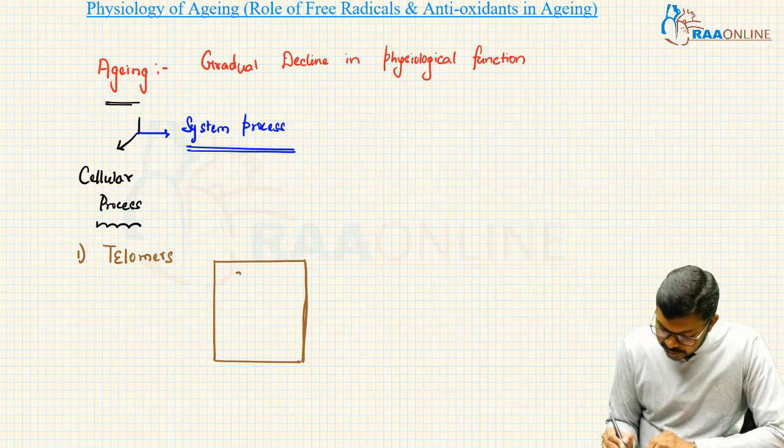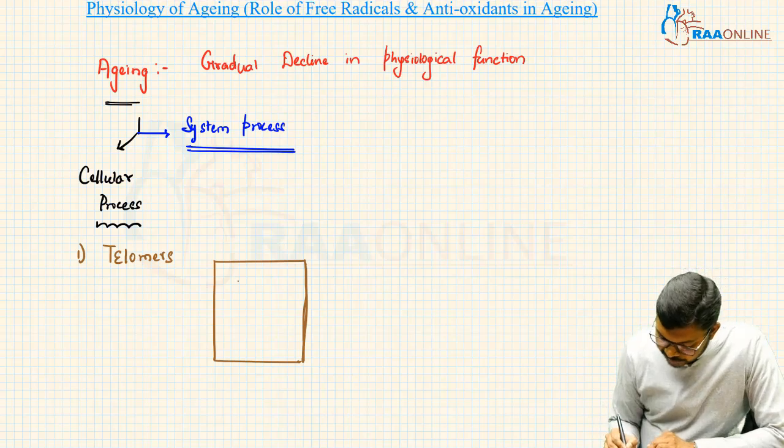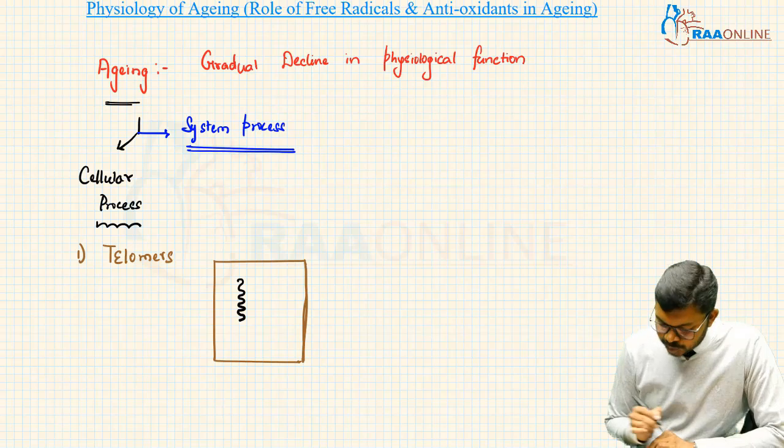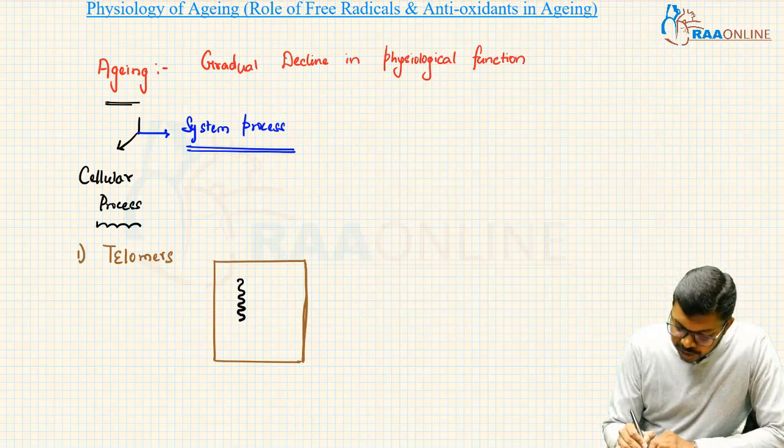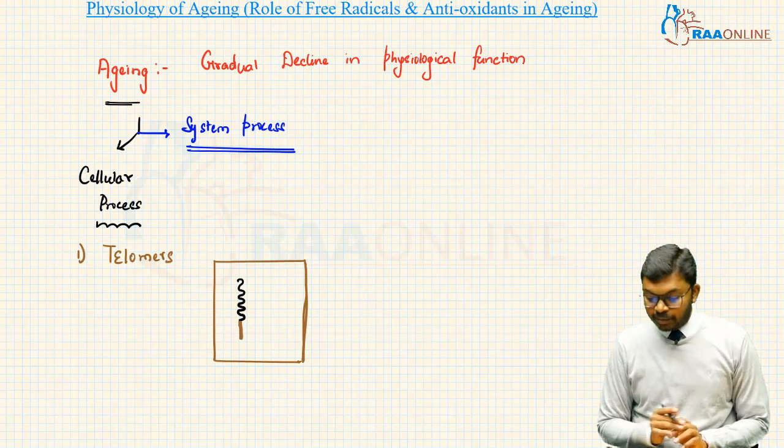So yeah, I'll give you a different color so that you can understand this. Consider this as a chromosome. At the tail of the chromosome, you are going to find a structure, and this structure is what is called telomeres.